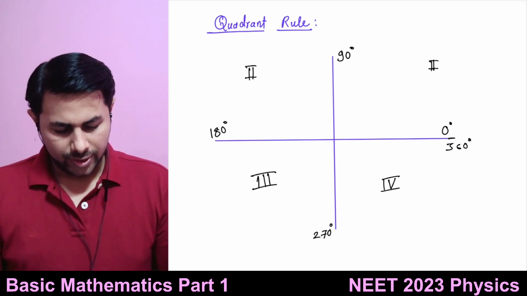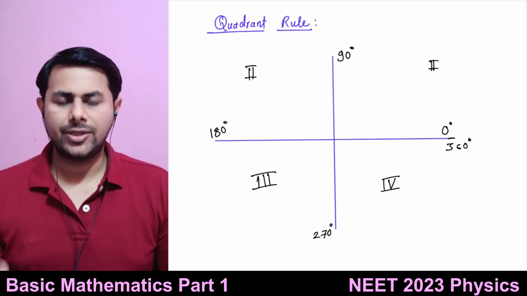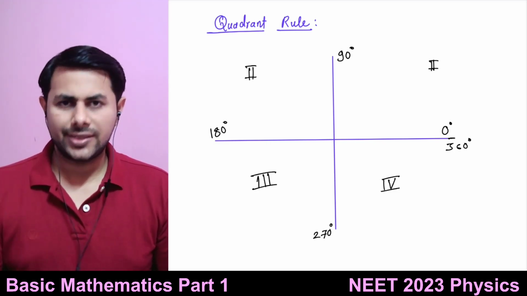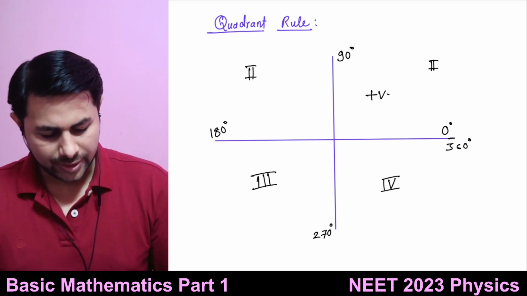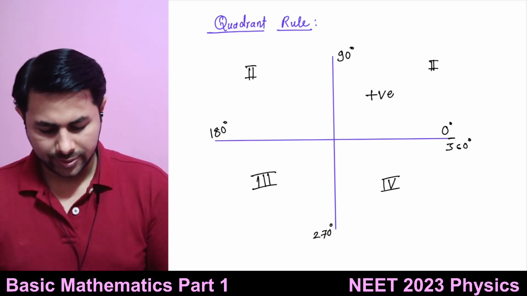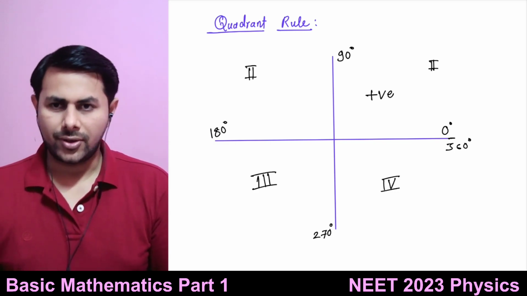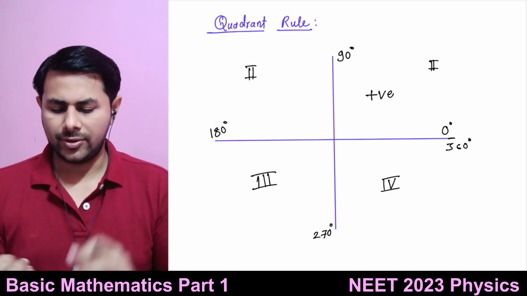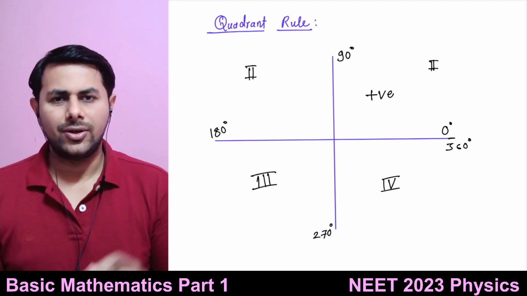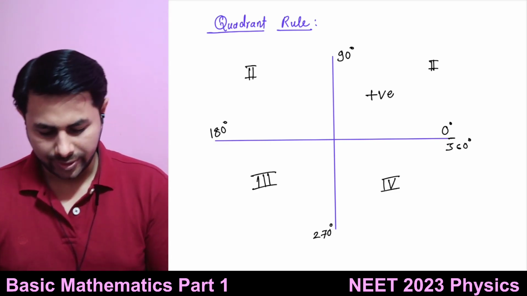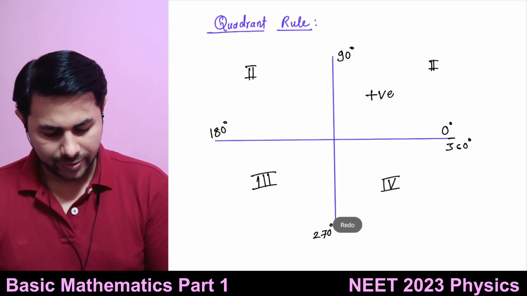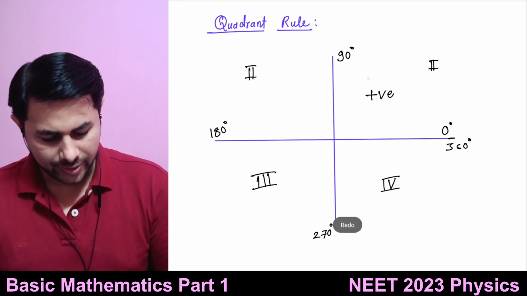Now inside the first quadrant, all the 6 trigonometric ratios are positive. They are greater than 0. The values of sine, cos, tan, sec, cosec and cot, all of them are positive. So here I will write all positive.